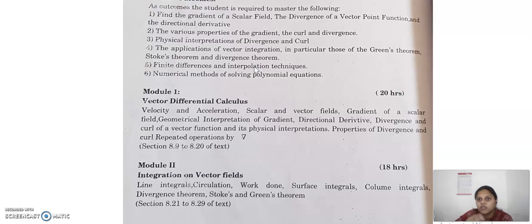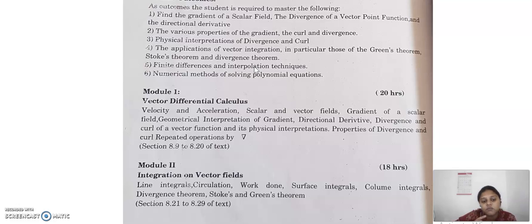So I can define something of the form integral over a curve C. The C can be a circle, a rectangle, a square, or any set of lines or curves joined together. That is what we look at in line integrals, where we define an integral along a curve. Using the line integral you can calculate the work done.